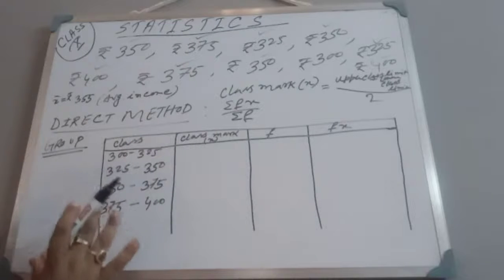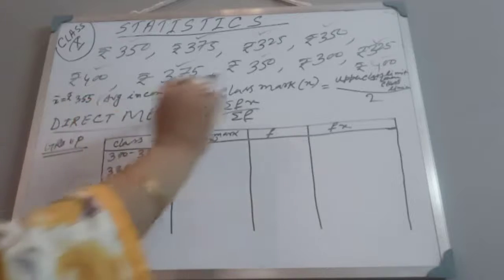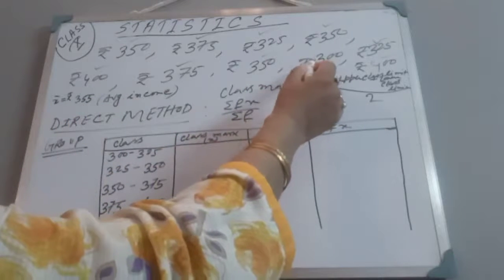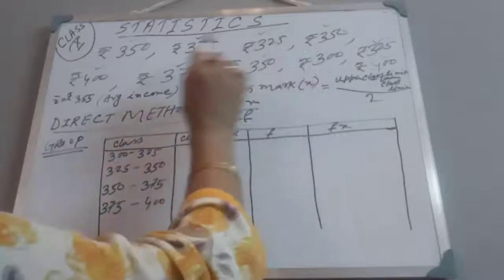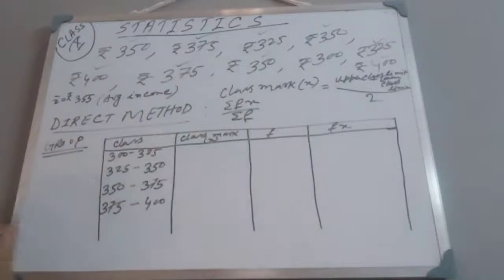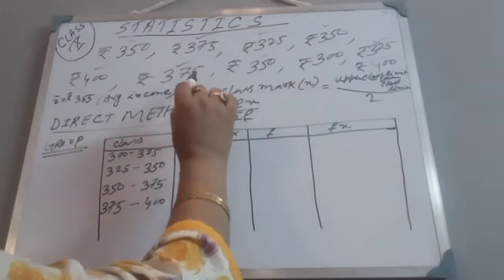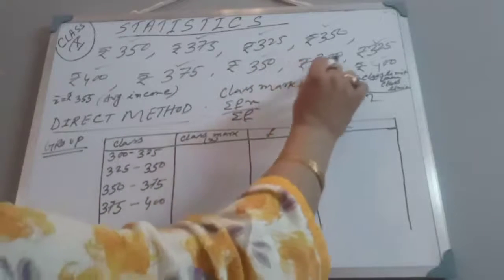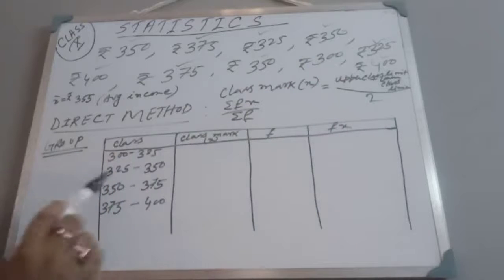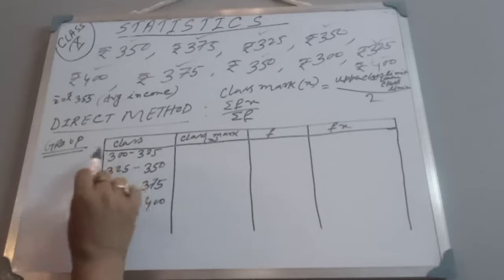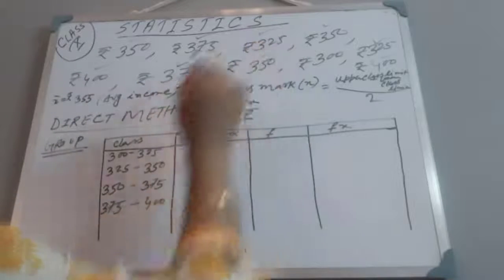We can make classes of all this data. The least income is rupees 300 and the highest income is rupees 400, so the income range is 300 to 400, which is 100.